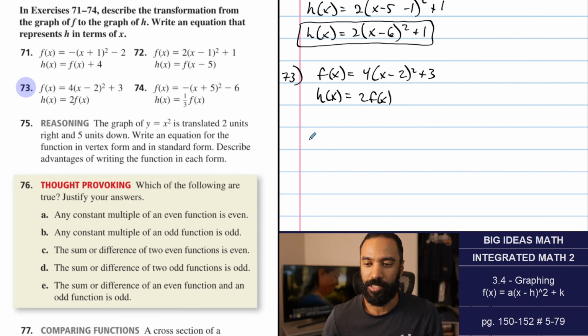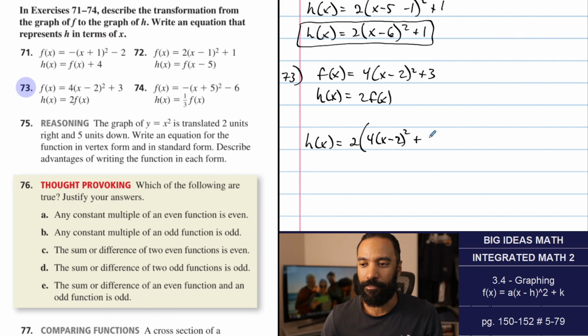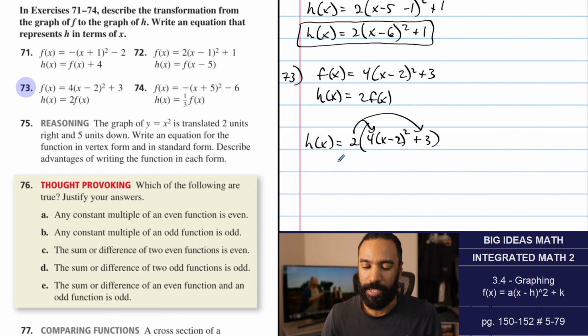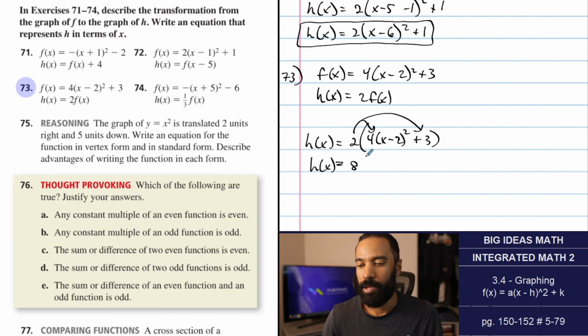This h of x is doubling all of f of x. We're doubling not just the 4. Everything gets doubled, which means also the 3. So that's going to become 8. Yes, but that translation is also plus 6.